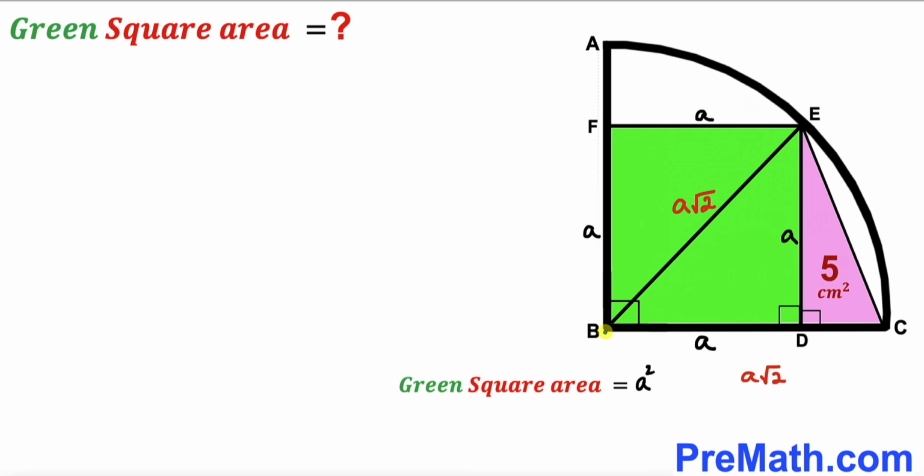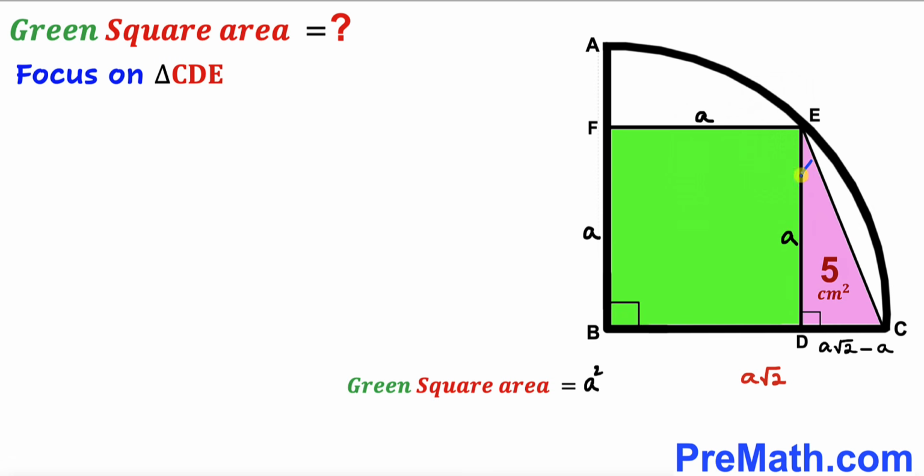We know segment BD length is lowercase a. So this remaining segment CD length has got to be a times the square root of 2 minus a. Now we are going to focus on this purple shaded right triangle CDE once again.